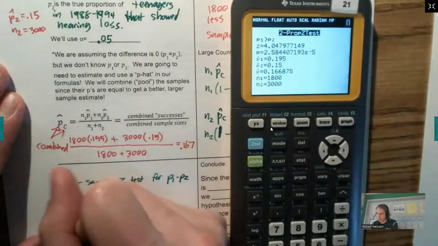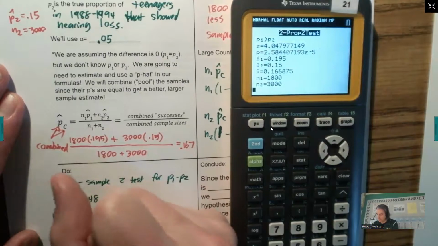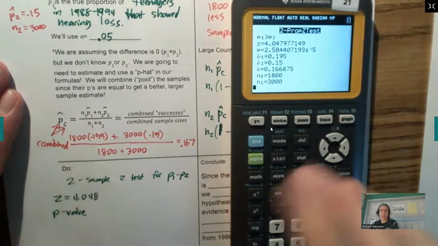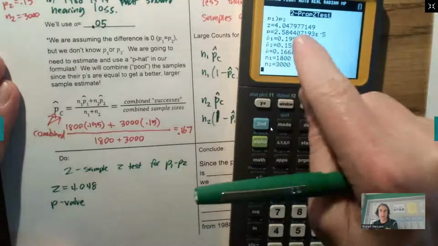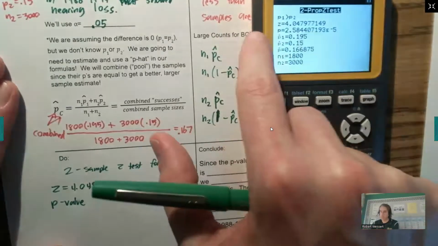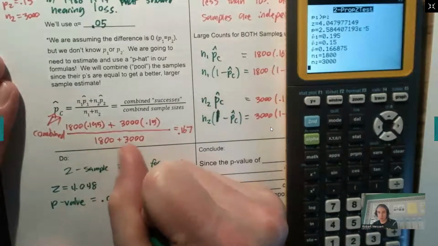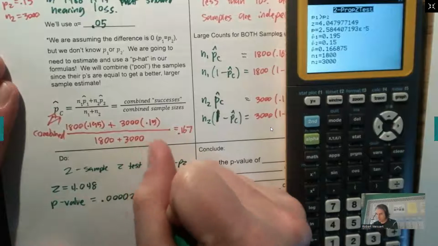So z is going to be equal to 4.048. Your p-value, that's the next thing, is right there, and that's E -5. So remember, there's going to be 4 zeros to the left of the 2. So your p-value is 0.0000258.